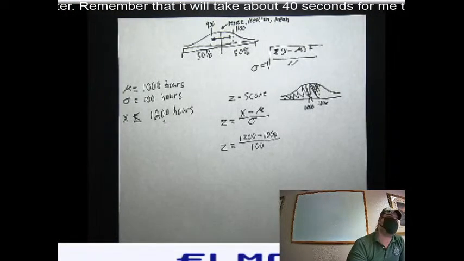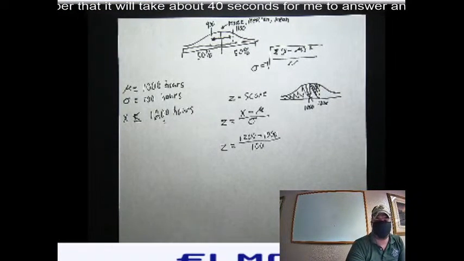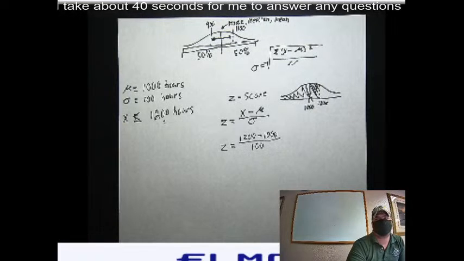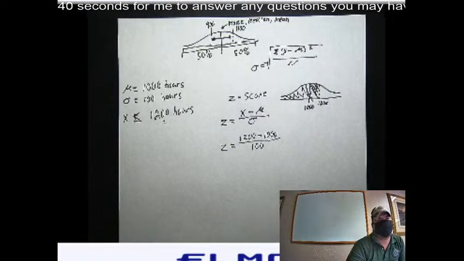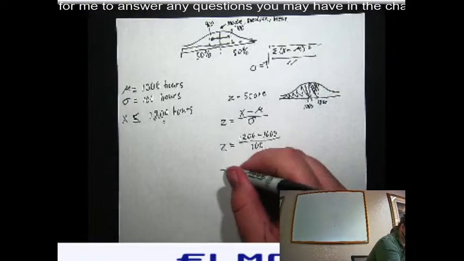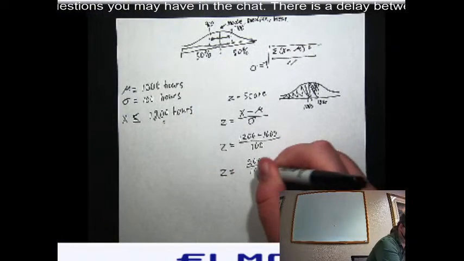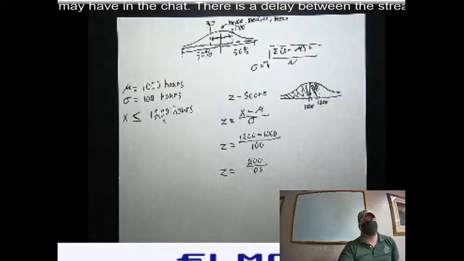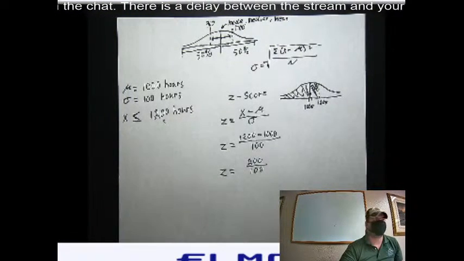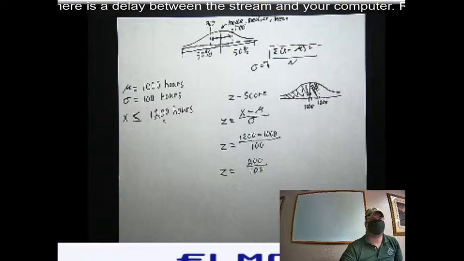So what's 1,200 minus 1,000? Yeah, 200. Okay, now what's 200 divided by 100? 2.